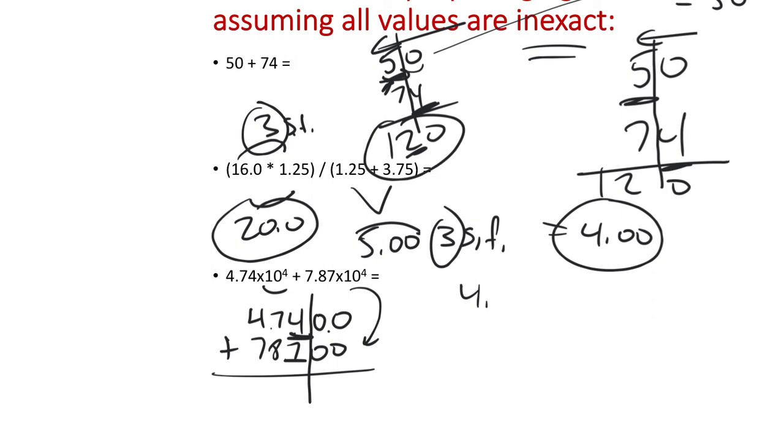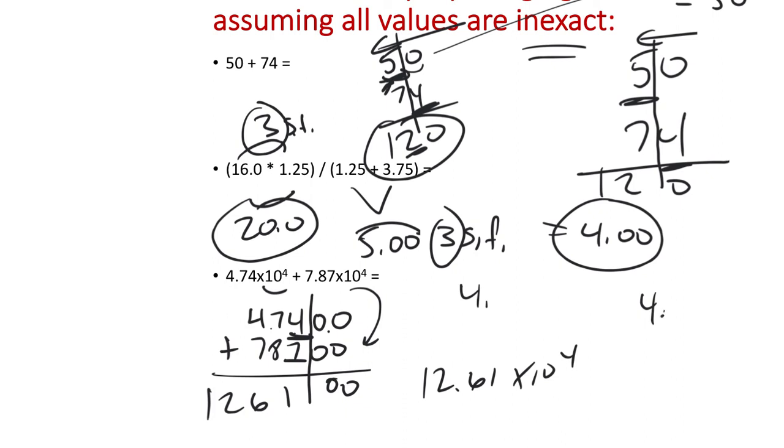So 47400 plus 78700 should be good to 126100. So this result here, I could write as 12.61 times 10 to the 4.